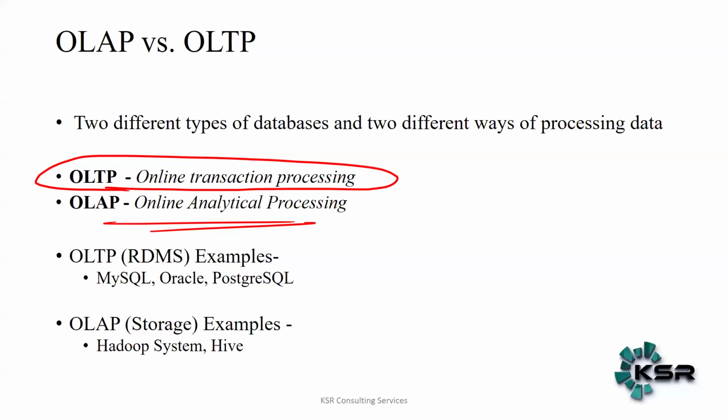The moment you enter it, the moment you get the money, the next second your bank will update the details. It cannot wait even 5 seconds. But with online analytical processing, like Netflix, they will recommend movies after you watch 3-4 movies. Like Amazon, after 3-4 days, they'll give you the offers. It can take time.